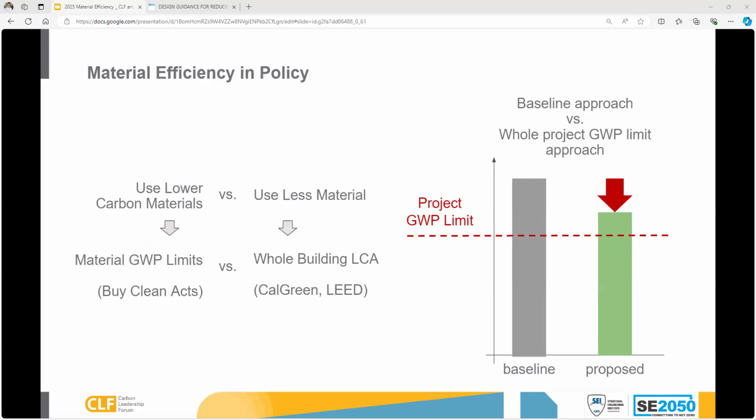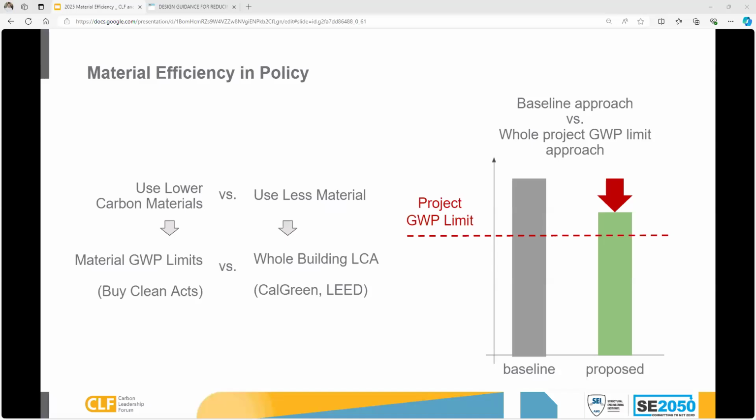Right now, the only mechanism we have in the US is whole building LCA, which we can find showing up more recently in policy, like in CalGreen. And then LEED has the whole building LCA credit, and there are some jurisdictions or projects where you're required to get LEED, then that can come into play.